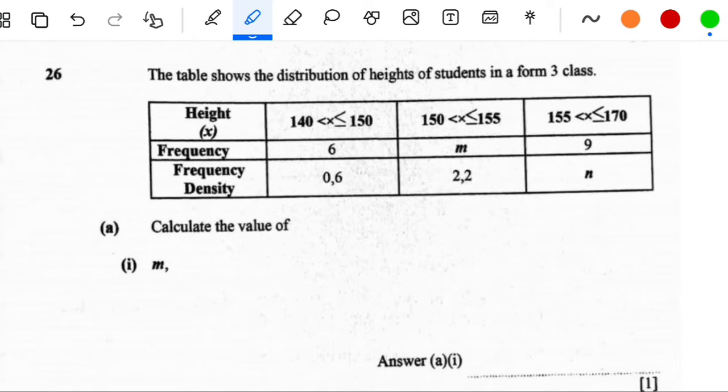We're moving on to number 26. Number 26 says the table shows the distribution of heights of students in a Form 3 class. Calculate the value of M. Okay, so we know that frequency equals frequency density times class width.